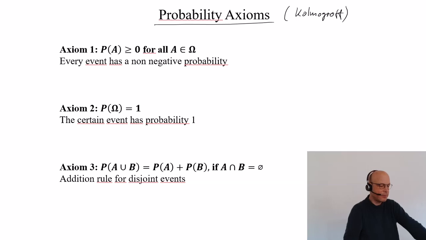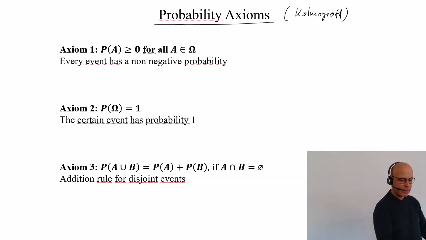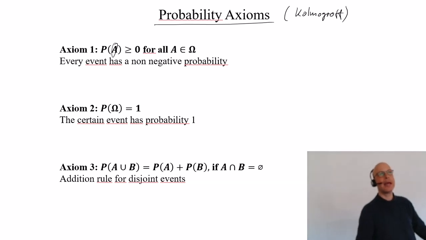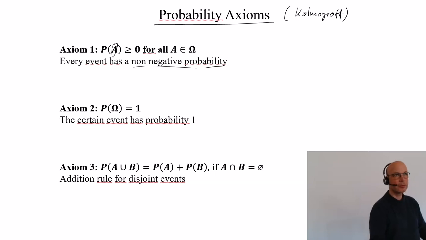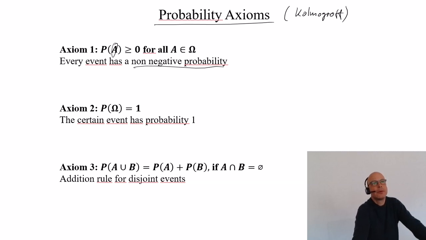Well, the first axiom is that every single event has at least a non-negative probability. Of course, a single event can also have the probability 0. So throwing the number 7 with the dice has the probability 0.